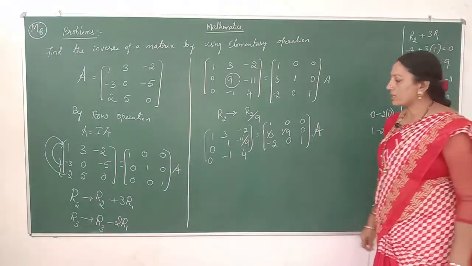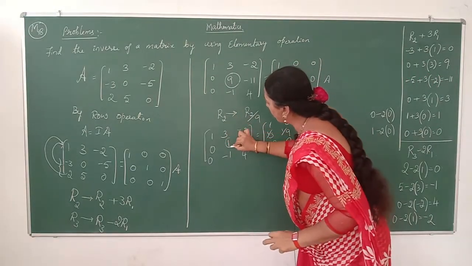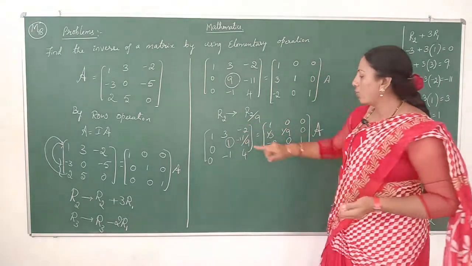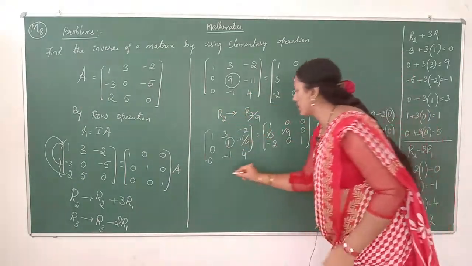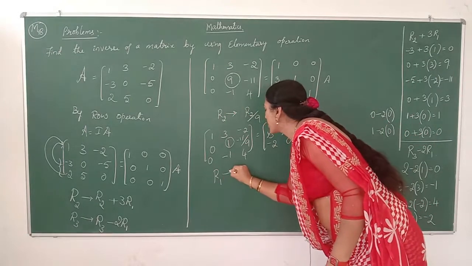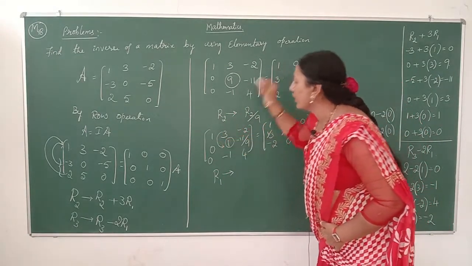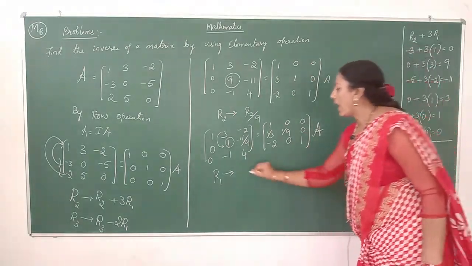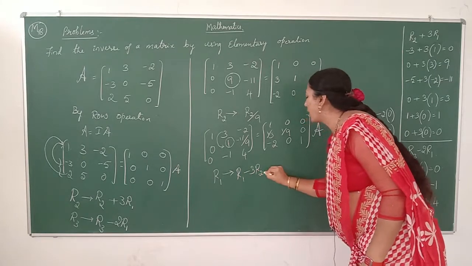So next we'll consider the upper and lower elements corresponding to the 1. In the identity matrix, once the 1 has come, we concentrate on its upper elements and lower elements. Now R1 changes with R1 minus 3 times of R2.